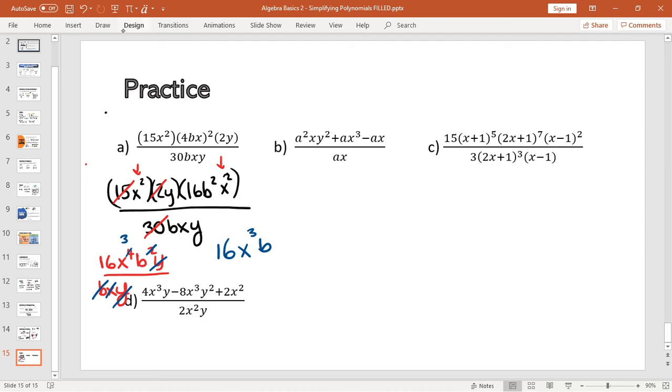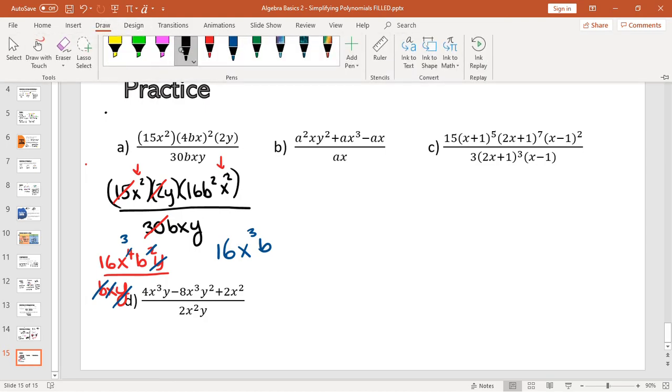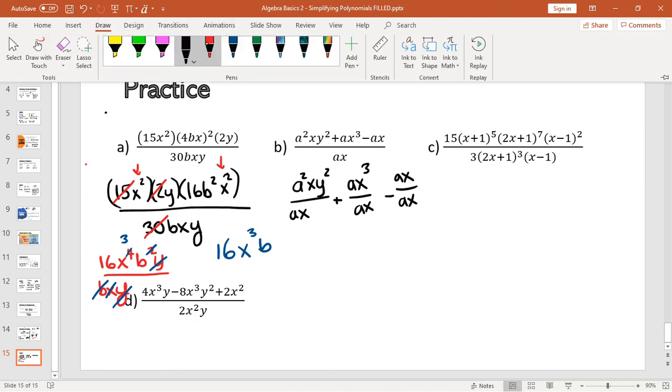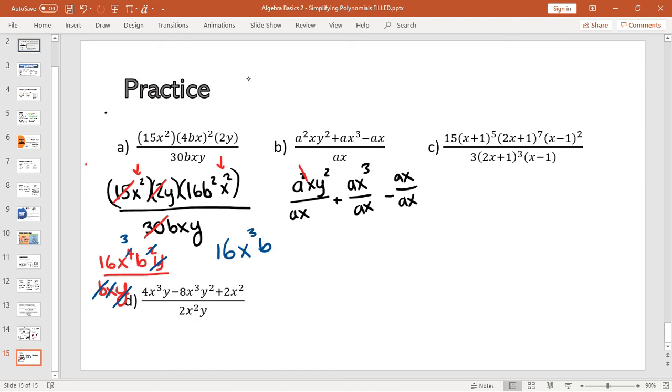Woo! All right. Second one. We're going to split it apart and deal with each fraction. a squared x y squared over ax. So the bottom of the fractions will all be ax's. And ax cubed. All right, so let's simplify. a squared over a is going to leave a single a on the top. x over x, those both cancel, and we have a y squared.